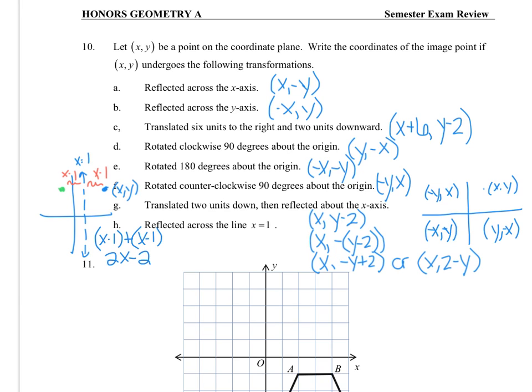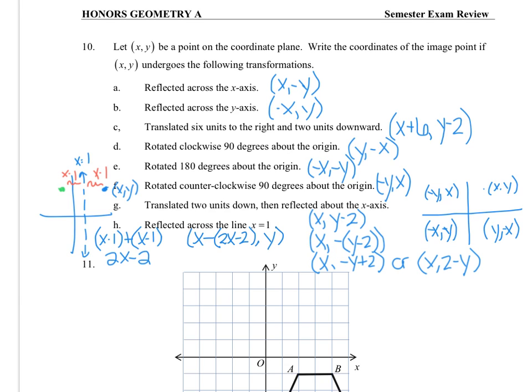What we know is that a reflection is going to be starting at its point of xy and taking away a total distance of 2x minus 2. So we know our ordered pair is going to be x minus the quantity 2x minus 2. We also know nothing is happening to our y's.